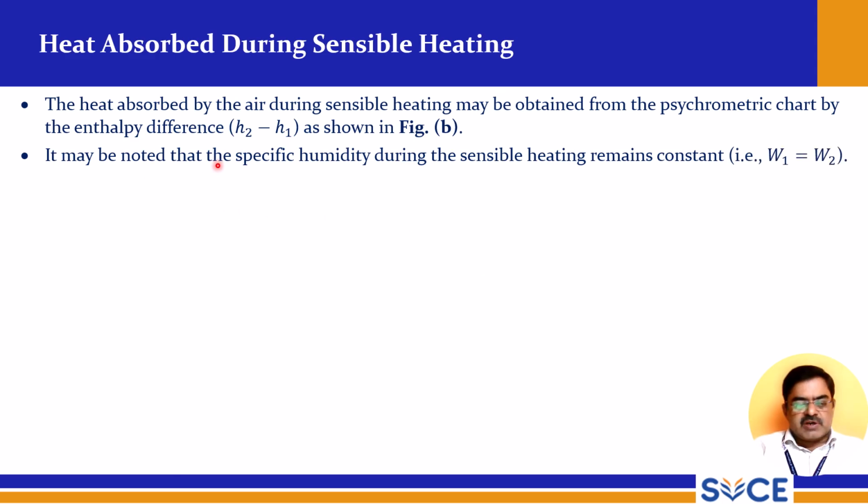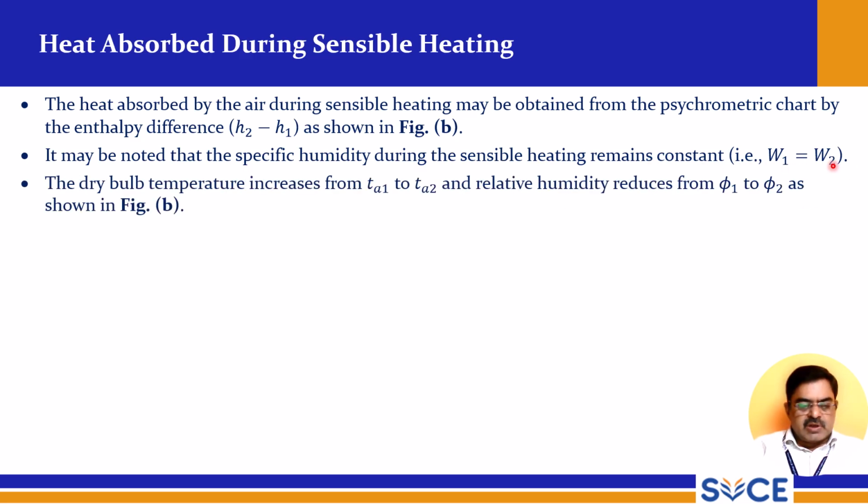It may be noted that the specific humidity during sensible heating remains constant. So specific humidity W1 is equal to W2, and the dry bulb temperature increases from Ta1 to Ta2, and the relative humidity reduces from Phi1 to Phi2 as shown in figure B. That's what we have seen in the earlier diagram.